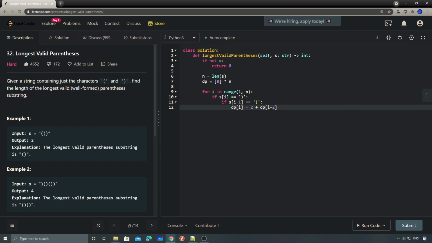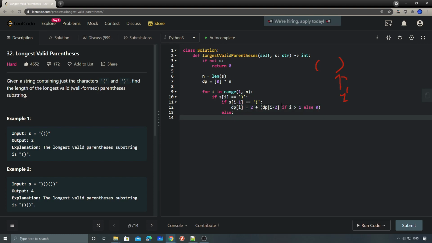But be careful, since we do i minus 2 here, if i is 1, i minus 2 will become minus 1. That's why we have to do a simple check: we do this if i is greater than 1, else 0.